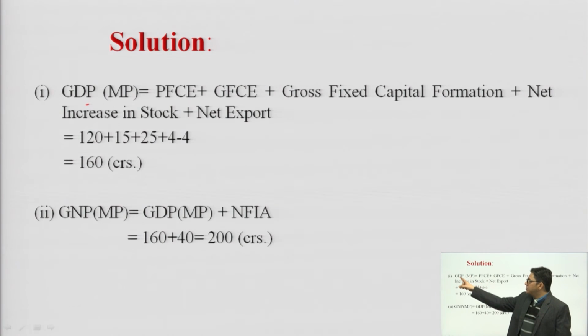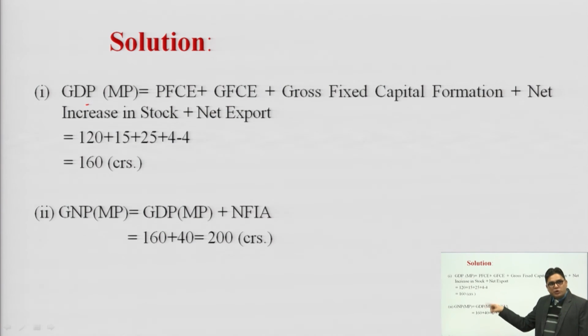For example, if we are shifting from domestic to national, we will add net factor income. If we have to shift from market prices to factor cost, subsidy will be added and indirect taxes will be subtracted. If we have to shift from factor cost to market prices, indirect taxes will be added and subsidy will be subtracted.